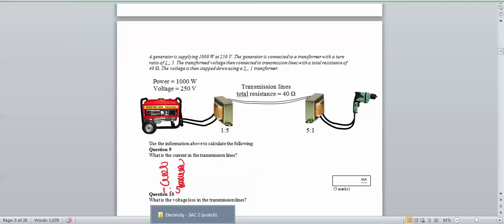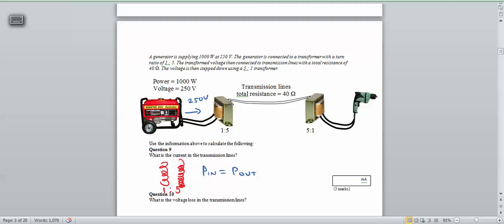One thing about an ideal transformer is that the power in is equal to the power out. Now, if we've got 250 volts going through a transformer, and it's going to step the voltage up by a factor of 5, so the voltage in is 250 volts coming through here.